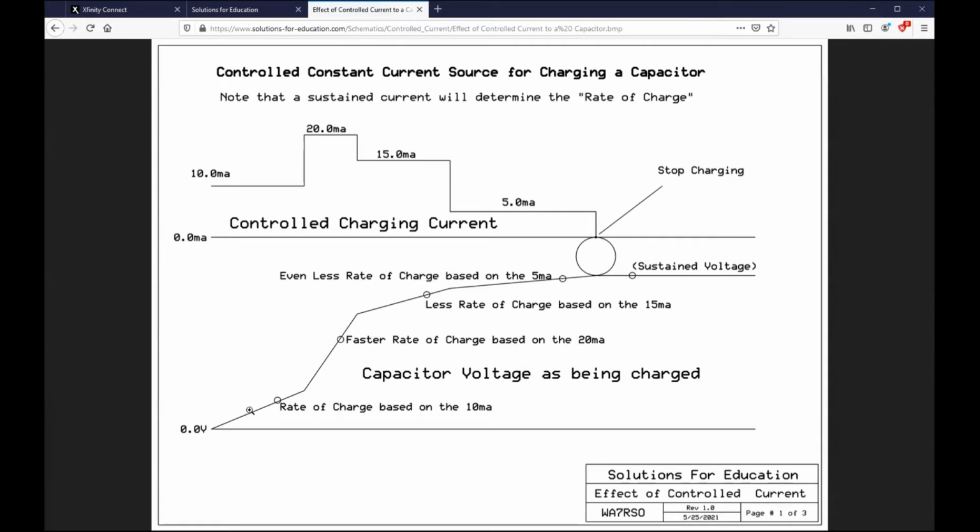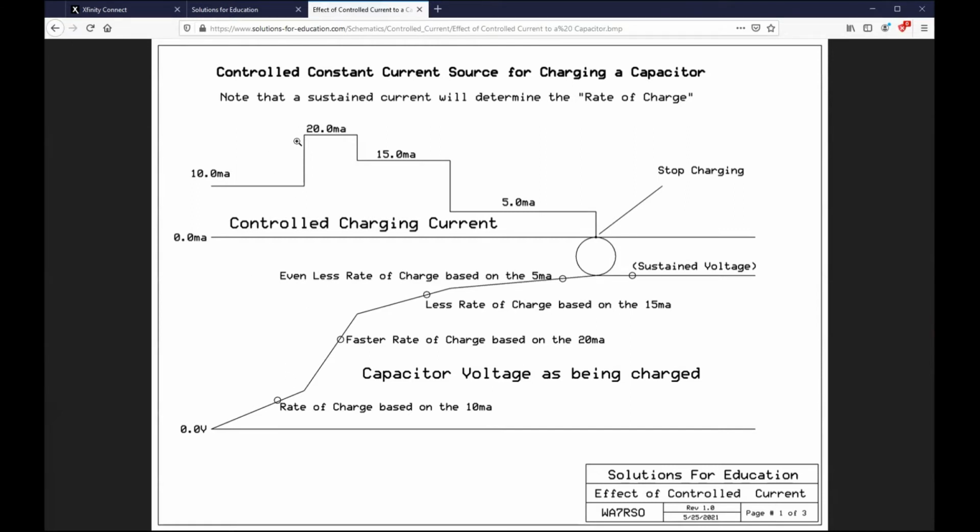It is charging, and notice here, it is a linear charge. Up here, we have a steady current. However I do this is not the concern at the moment, but we are going to maintain an absolute 10 milliamps during this time frame. And when we do, it will cause a rate. I want you to pay attention to the slope. Slope is a key issue here. And we're going to be talking about slopes again in different areas.